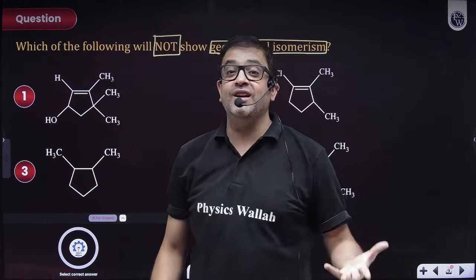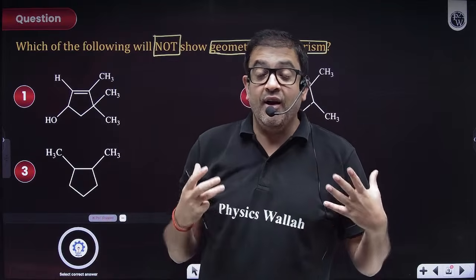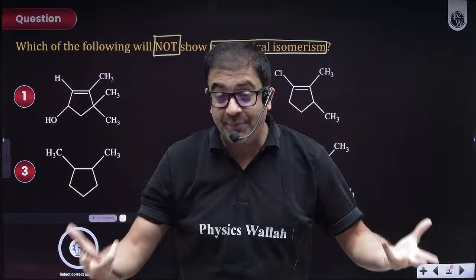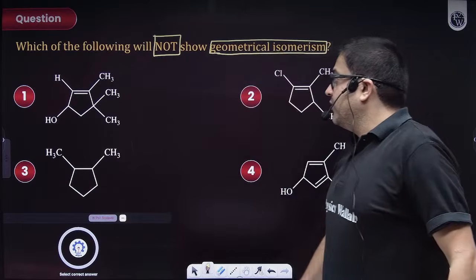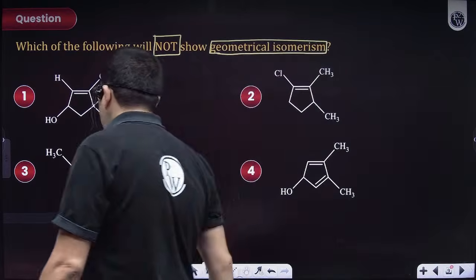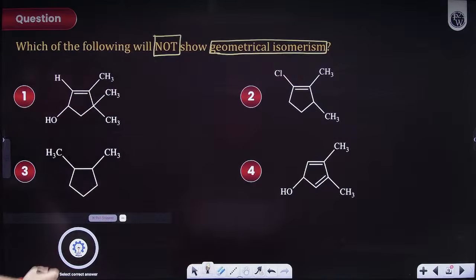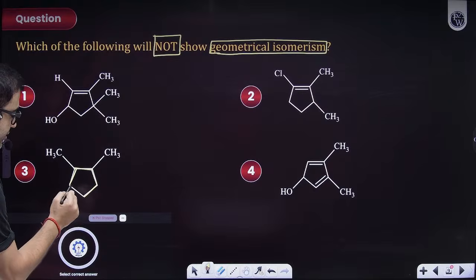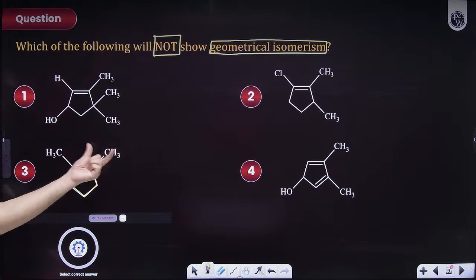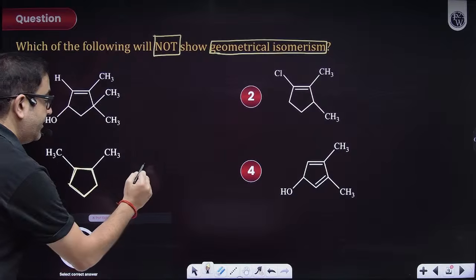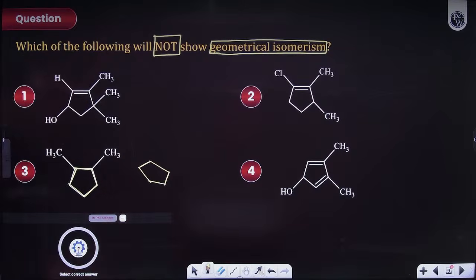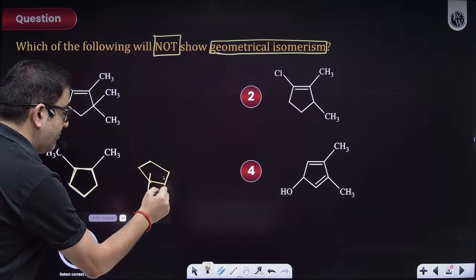So cyclic structures are also capable because they have restricted rotation, because you cannot break the complete cycle. Now moving to option 3 directly, you said a cyclic system is also a geometrical stereocenter. Yes. So if it is having a methyl group, then say this is your cyclopentane and one bond will be up, one bond will be down.